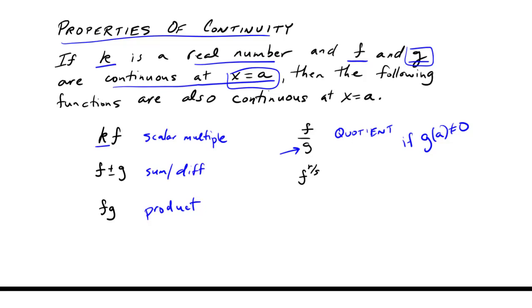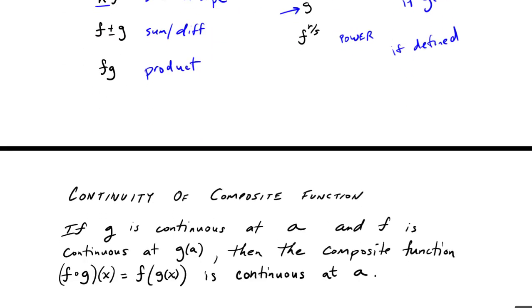Okay? And then any rational power is still continuous if it's defined there, as long as we're not taking negative numbers and trying to do an even root of them. Okay, so that's all good news.